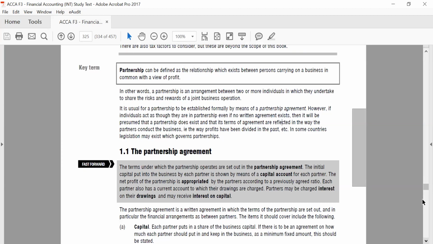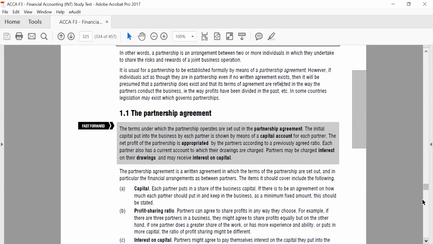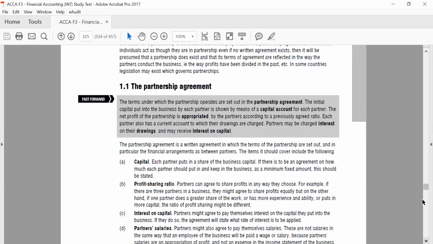Just like I said, partners contribute capital, just like the way any sole proprietor would contribute capital to their business. Even here we have what we call capital. Now, because the partners contribute capital, we have what we call interest on capital.